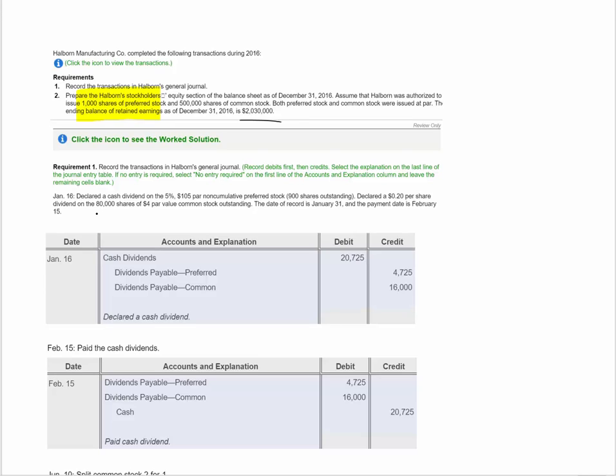The first thing we said is a cash dividend, and this is what it's telling us about the preferred stock. The preferred stock is $105 par, and there are 900 shares outstanding. So if we're keeping track of our preferred stock, we know that there's 1,000 shares authorized, 900 shares issued and outstanding, and that it's $105 par.